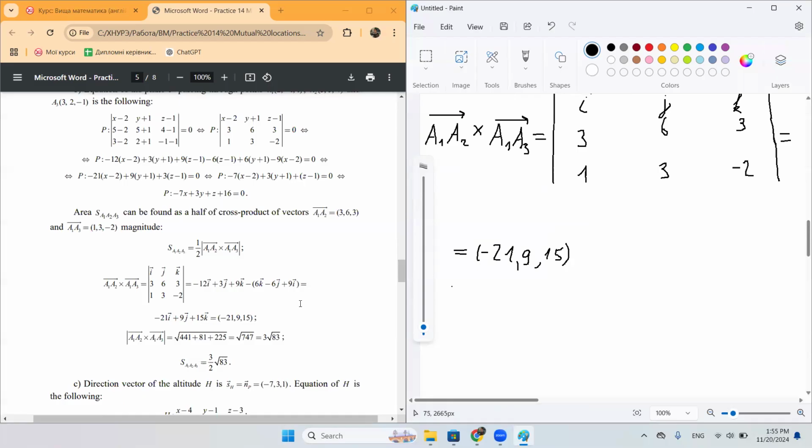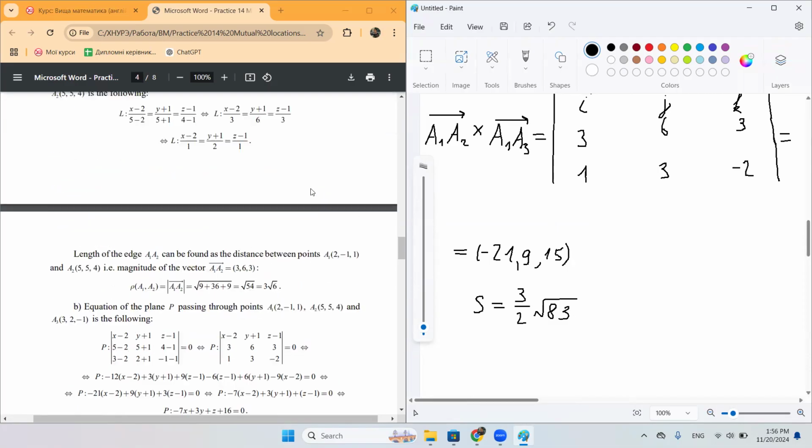And the magnitude is the next. So when we put everything together, S will be equal to 3 by 2 square root of 83. Not an understandable number, but an adequate number.